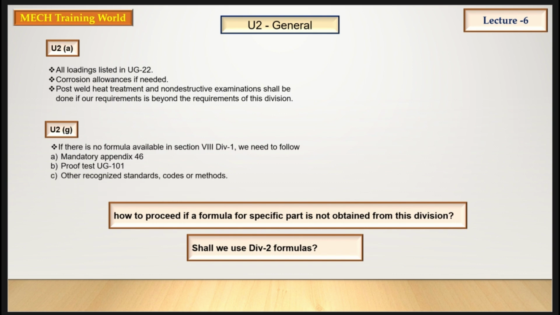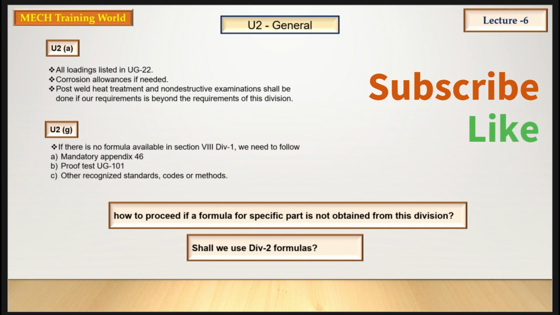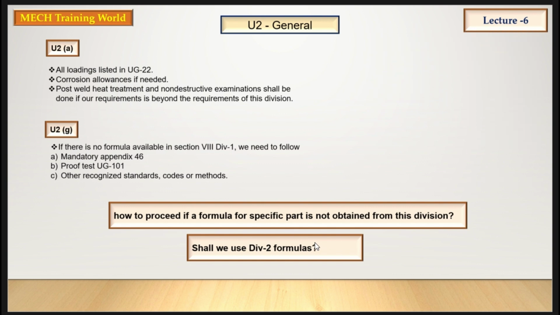And the next method is other recognized standards, codes or methods. We need to follow other standard codes and methods if required, like WRC 107 and WRC 297. In WRC 107 and 297, there are load calculations for nozzles, which give thickness formulas and everything. So if you want, you can follow WRC 107, 297, and other standards and codes for designing pressure vessel components.